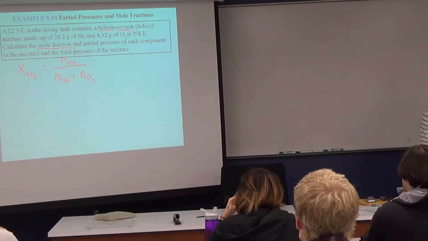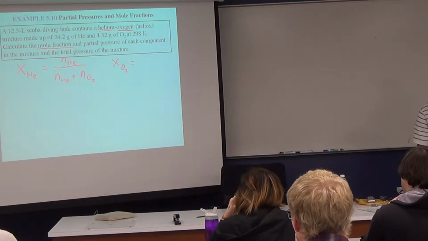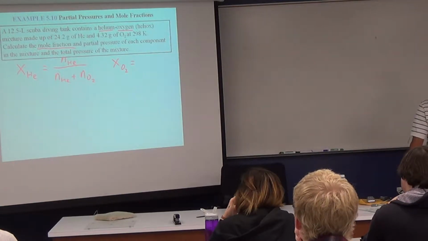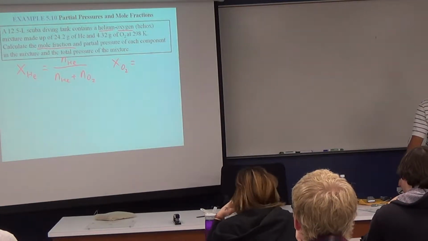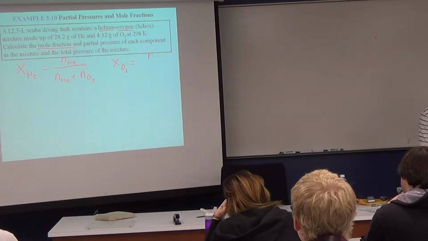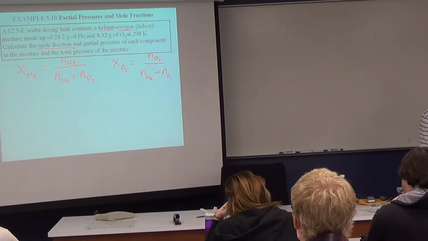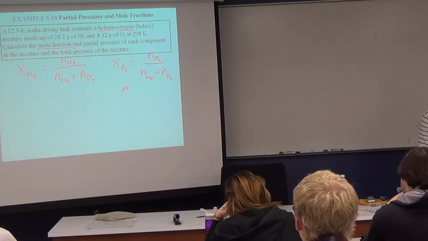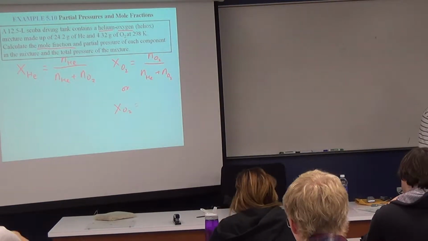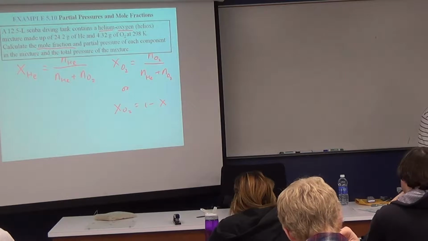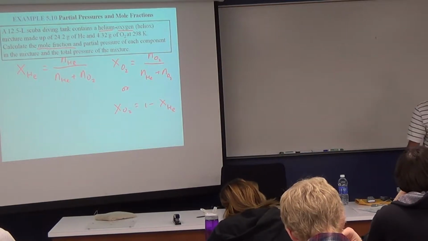Right, and then the mole fraction of oxygen has two ways to find that out. You can use the same way you use for helium, or, if you only have two components, you can use that equals 1 minus the mole fraction of helium.